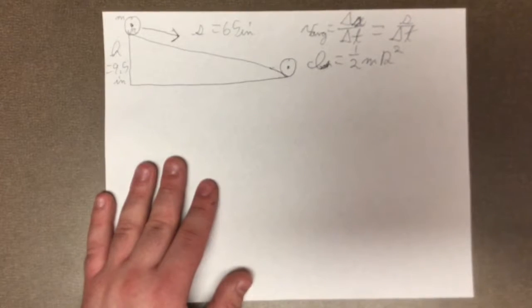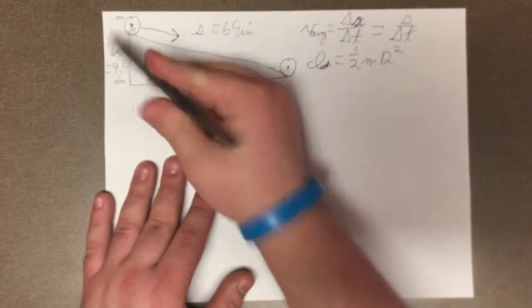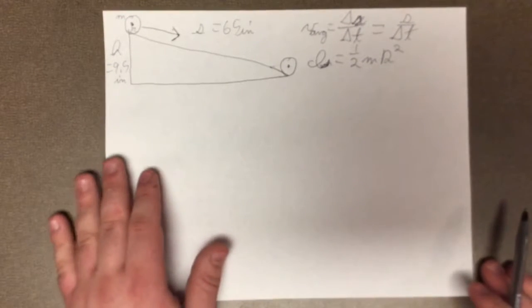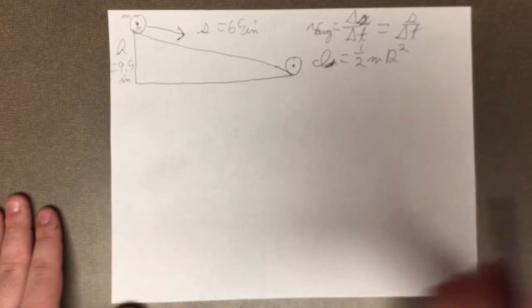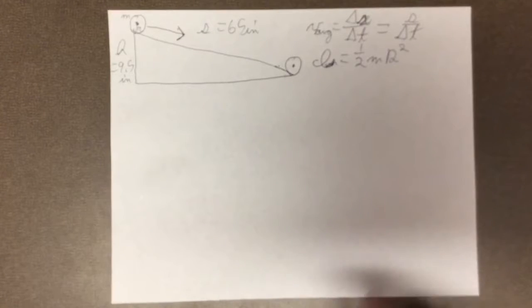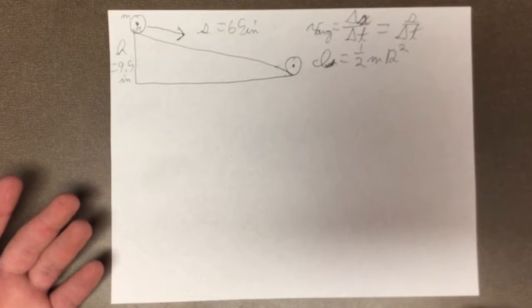So the inertia going down equals 1/2 this radius times the mass of the cylinder. Okay. Now that we know this, we have to talk about the forces acting upon this system. And there are three forces in particular that are acting upon this system. And we need to talk about all of them to see what the total force of the system is.